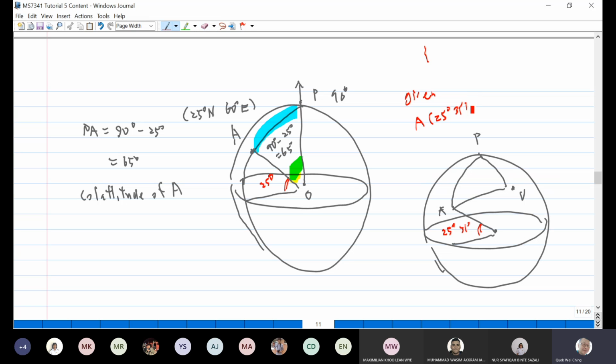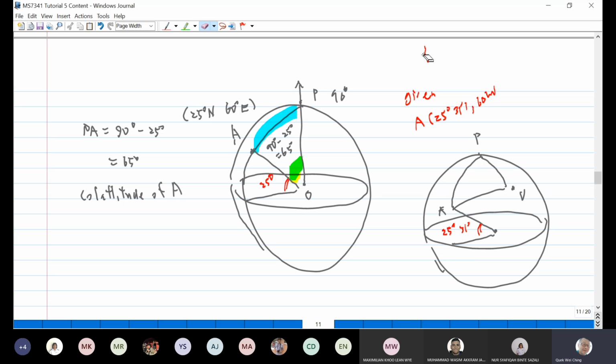The longitude is 60 degrees west, I think the question says. So you know this A is given by the question.